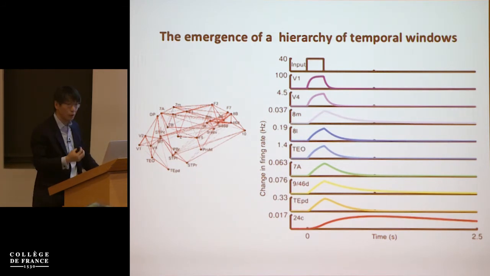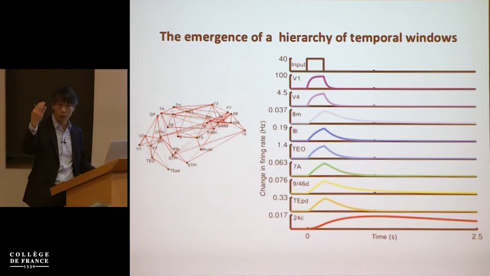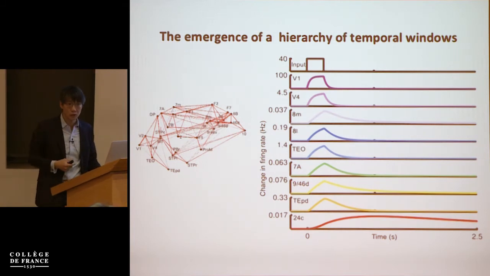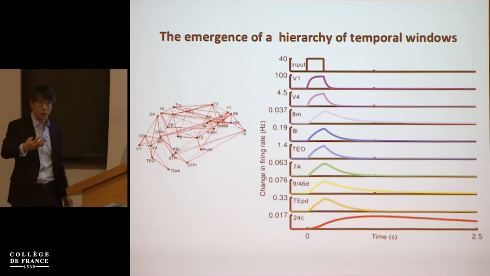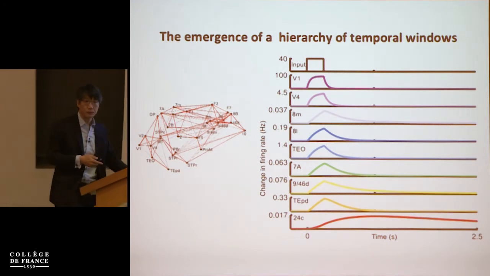You can call that ramping activity, almost linear ramping activity, which we talked about in the decision-making discussion. And some areas like this one, which is from ACC, part of the prefrontal cortex, show this very gradual ramping activity. When the input is gone, it stays present for quite some time, a slow decay, as a short-term memory trace of the stimulus.